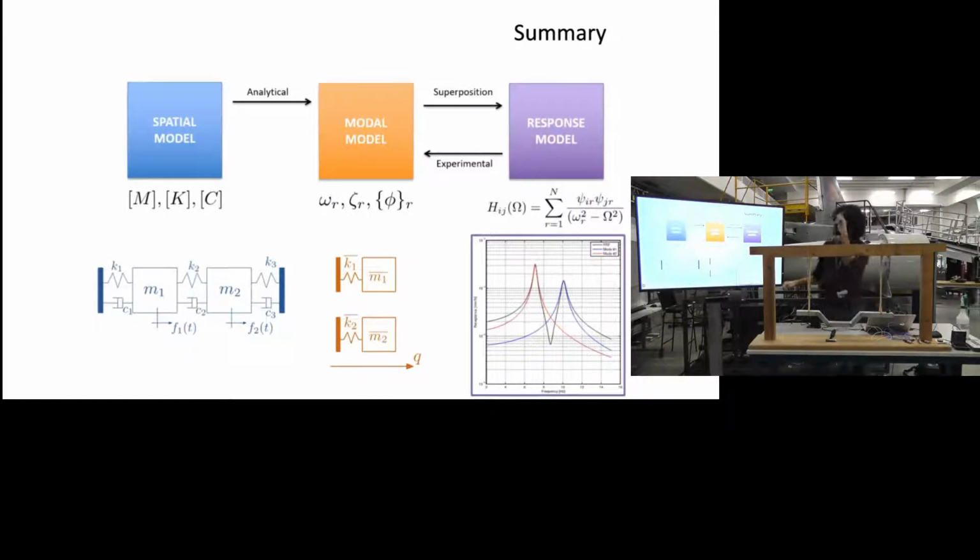Again, as a recap, the spatial model is your own physical system. You generally get these matrices from your FE software of choice. Using modal analysis, you can extract frequencies, loss factors, and mode shapes, and those are the modal parameters that live in the modal space. And this uncouples your system.